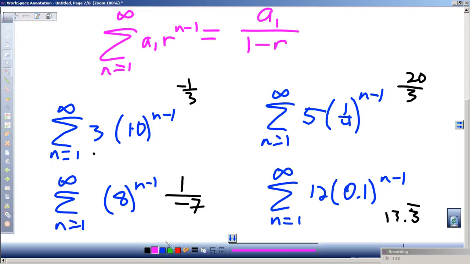So let's analyze this for a second. What's the first term of the sequence? What's the next term? 30 plus 300.